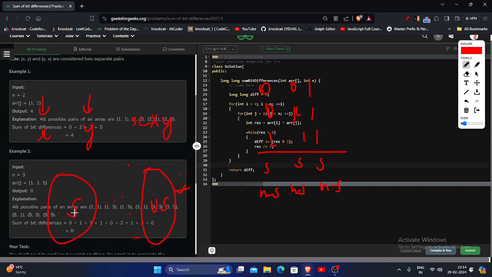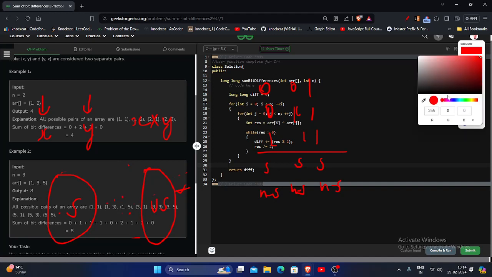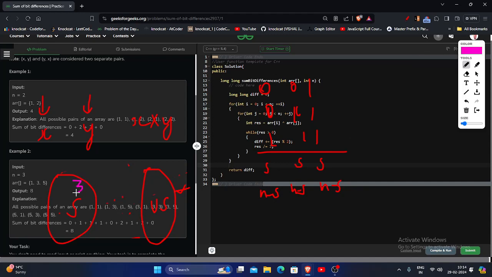For this case, the number of set bits is 3 and the number of unset bits is 0. So how many bit differences, or how many unique pairs, can I get from it? Obviously, we get 0 because there is no 0 to form a pair with. And since we are looking for a 1-0 pair or a 0-1 pair, I think this is clear.